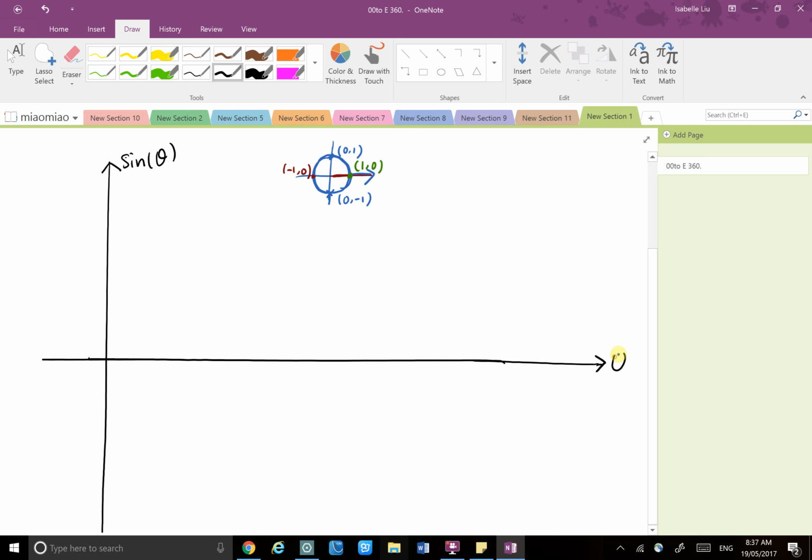That is theta. Let's say that's 90 degrees, 180 degrees, 270 degrees, and 360 degrees.